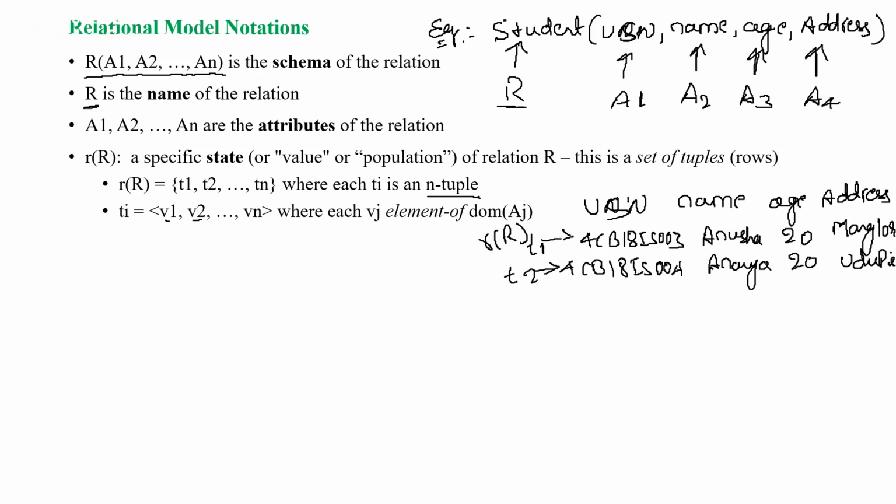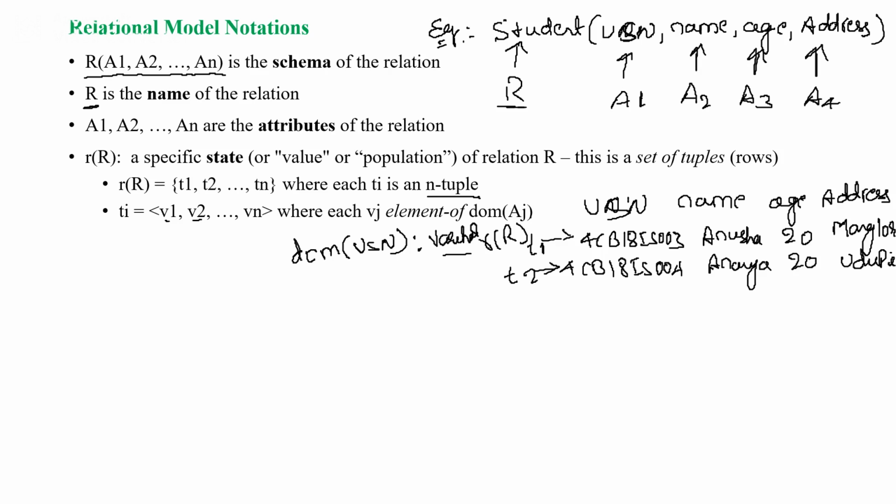For example, the domain of USN is a variable character, which is the atomic value of that particular attribute. It describes the type of value that can appear in each column, represented by a logical definition.